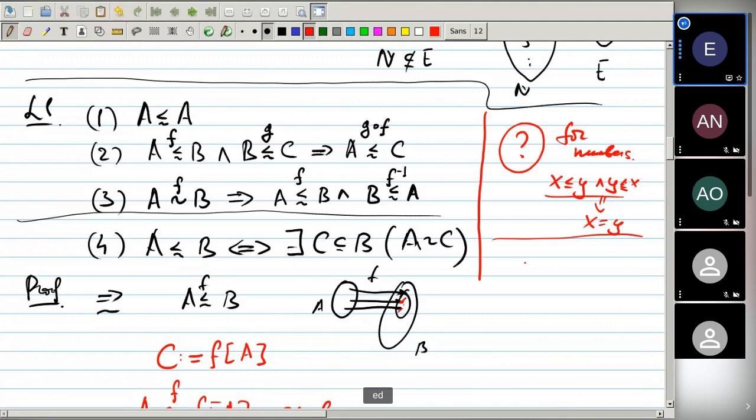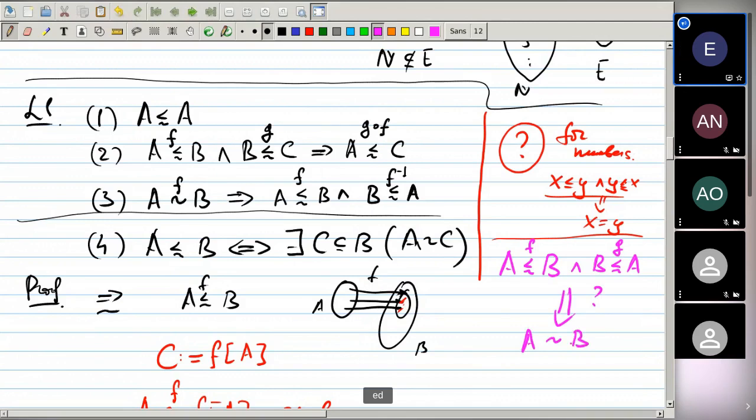Is it true that if A is embeddable, there is an injection from A to B, and there is an injection from B to A, one injection and some other injection, is it true that there is a bijection between A and B?